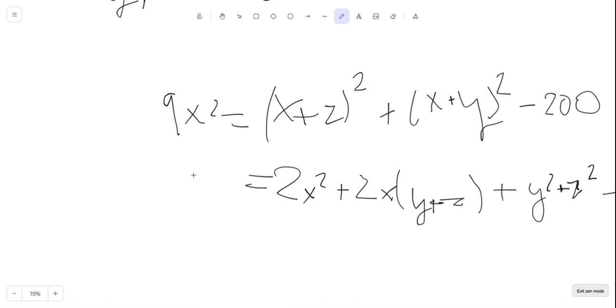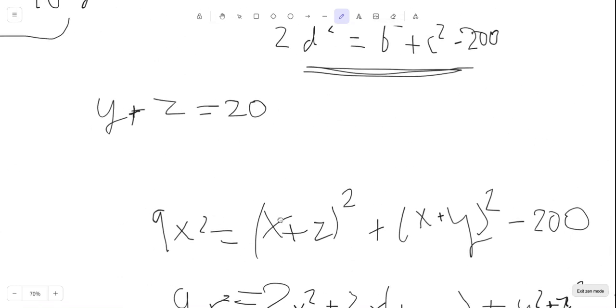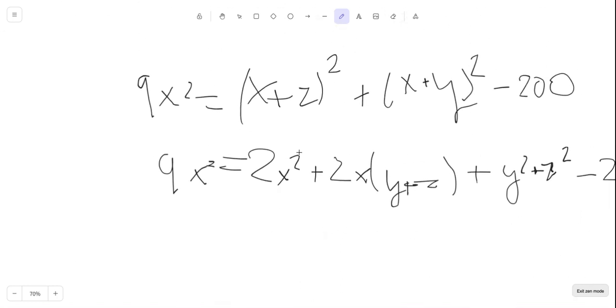Okay, that's a lot. Now it's just simple algebra ever since we substituted them.